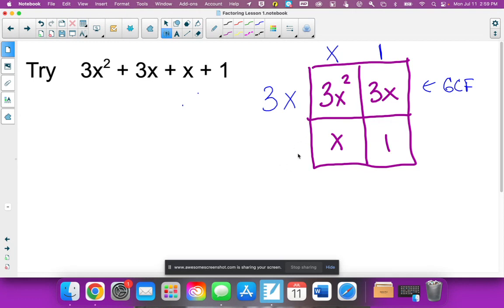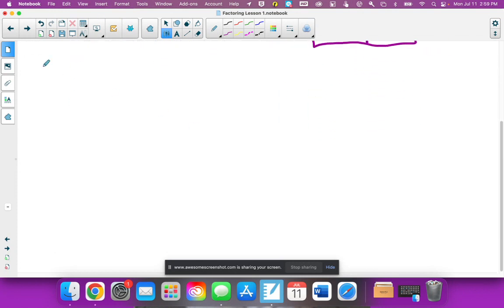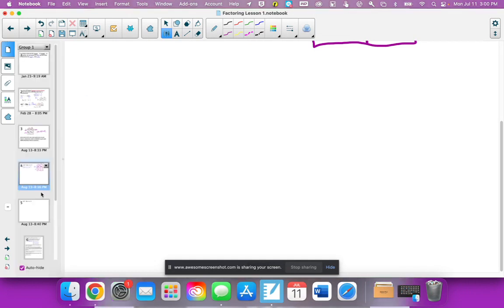X times what is going to give you x? It has to be a 1. So my width is 3x plus 1, and my length is x plus 1. One more.